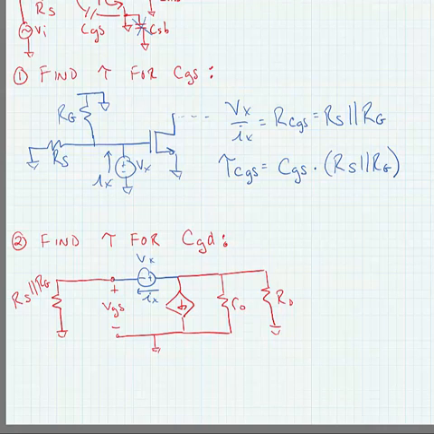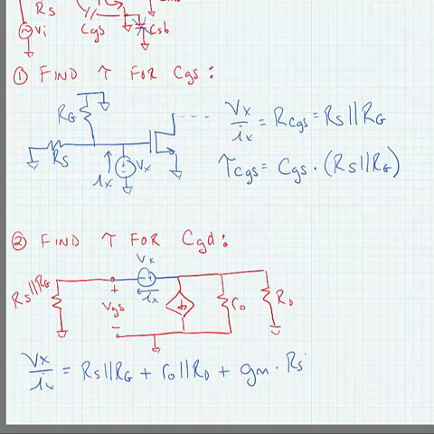If we do this, we would find that Vx over Ix, after solving KCL at the gate node and the drain node, would be equal to Rs in parallel with Rg, plus R out in parallel with Rd, plus gm times Rs in parallel with Rg times R out in parallel with Rd.